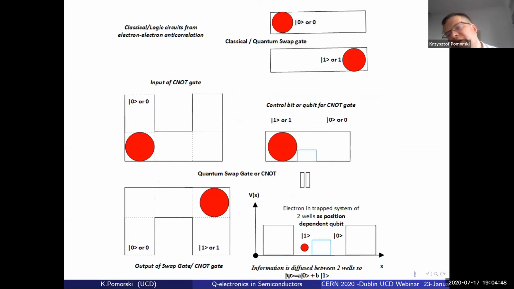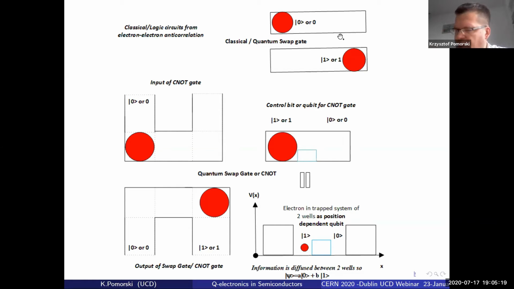All right, so to give you a further taste of possibilities. Obviously we have a situation where we can change the state of a qubit, but obviously we can also construct a kind of quantum logic using this anti-correlation principle. So imagine just a more simple case.